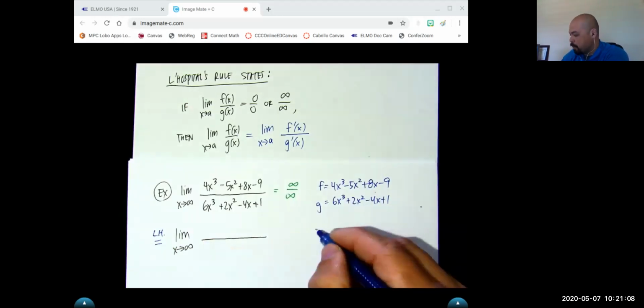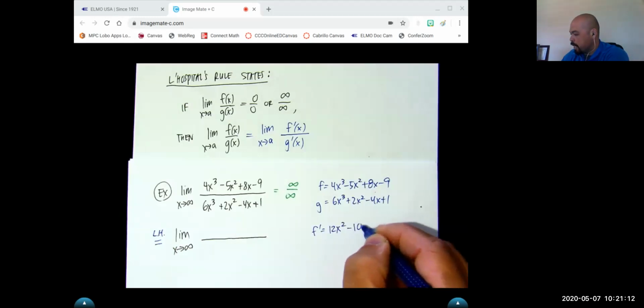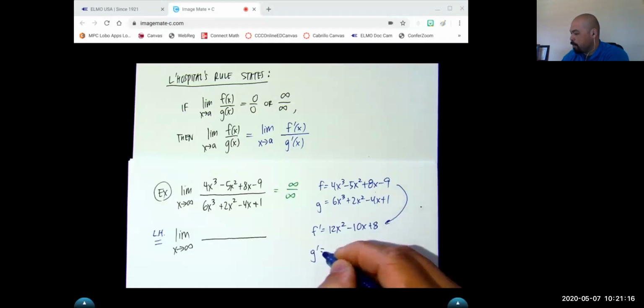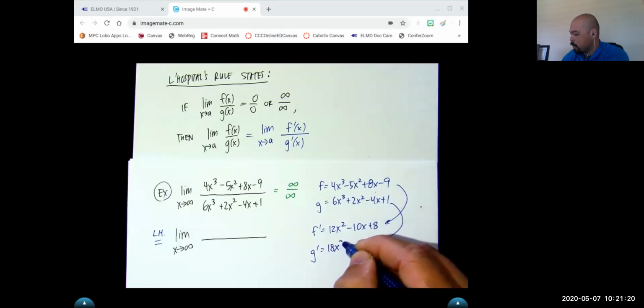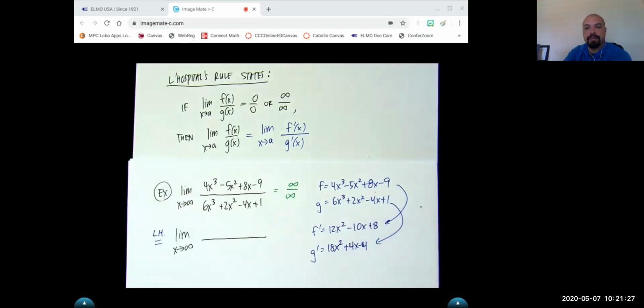So f prime is 12x squared minus 10x plus 8, g prime is 18x squared plus 4x minus 4. Make sure I get my signs right. Okay.